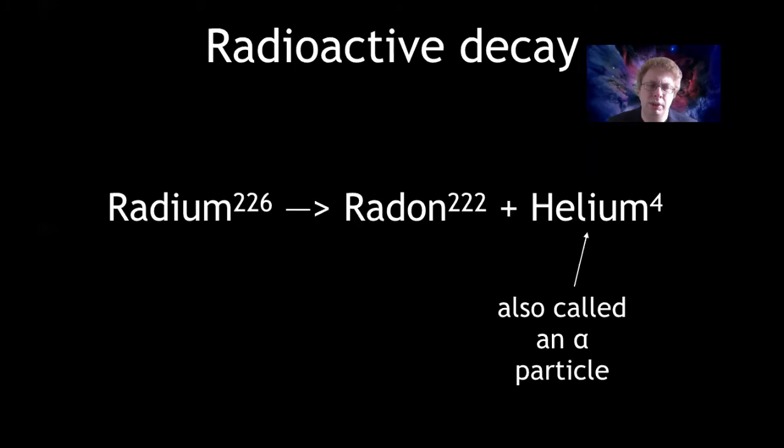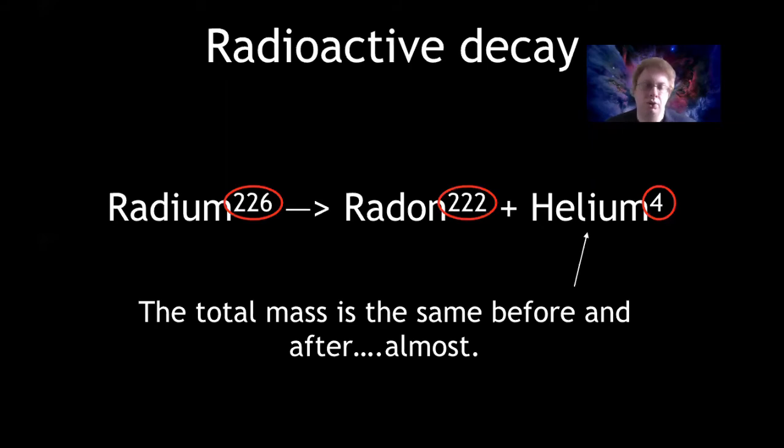So one thing to note about this equation is that when we have this decay, when we go from a larger nucleus with 226 protons and neutrons put together to a smaller one with 222 protons and neutrons and another smaller one with 4, the total amount of protons and neutrons is about the same. So 226 is equal to 222 plus 4. This mass is very close to conserved, but if you look at the details, it's not quite conserved. The mass before and after is not quite the same.